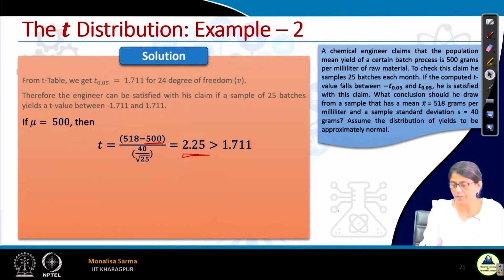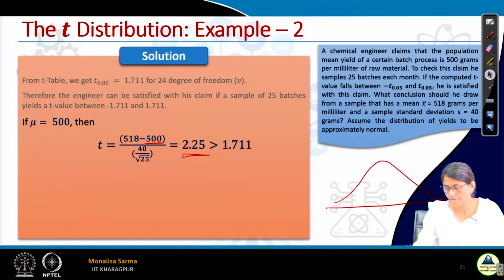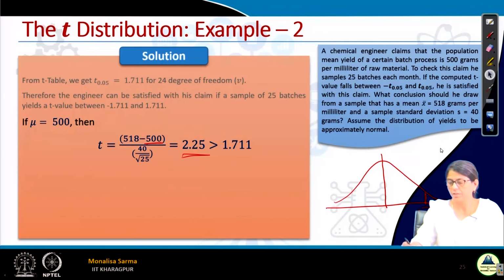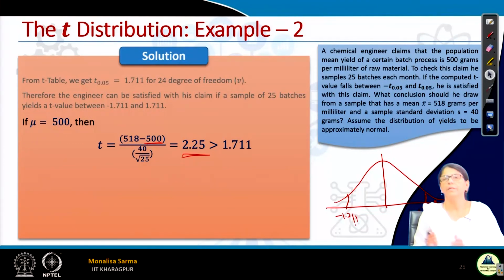2.25 means, if I draw the figure, if this portion is 1.711 and this is minus 1.711, he got it somewhere here, 2.25. He did not get within this range. He got a value beyond this.